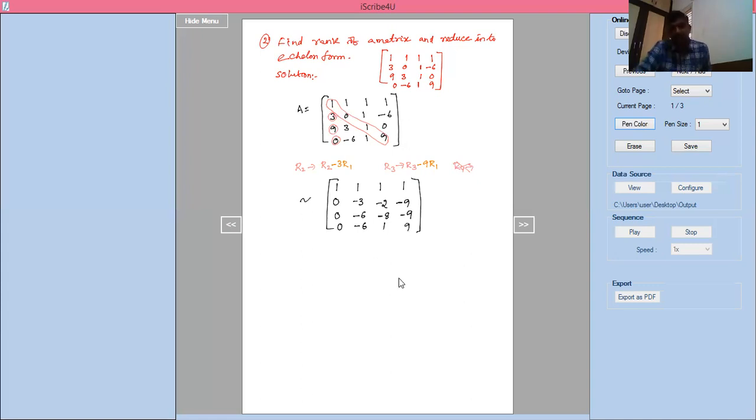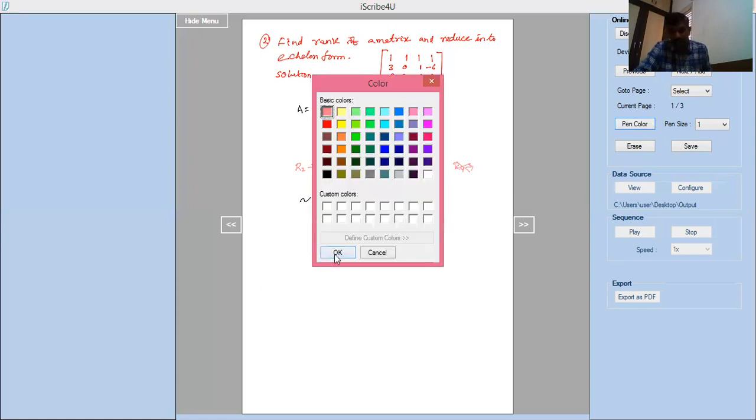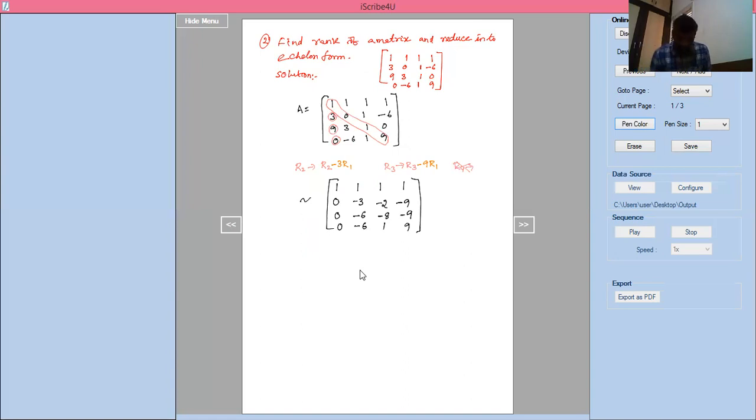Next, I will identify the principal diagonal elements. The first column elements I made 0. After this, I identify these as the principal diagonal elements. Now below the principal diagonal elements we have to make 0. Which two elements? This minus 6 and this minus 6 I have to make 0, using the minus 3.